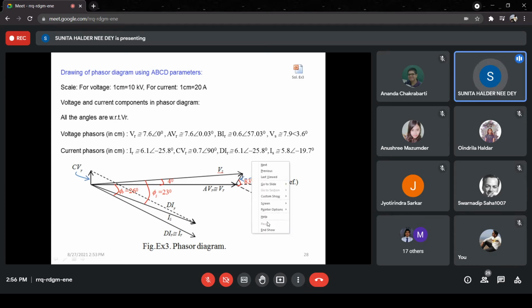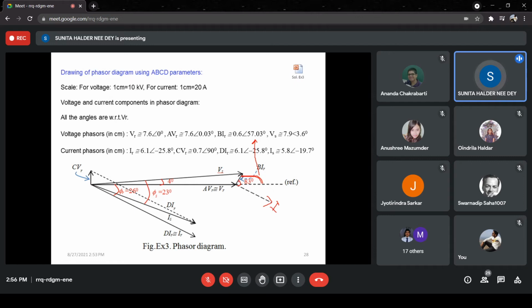So this angle is 57.03. But from IR, this is the phase of IR, this angle will be 83 degree, because VS is AVR plus BIR and the angle of B is 83 degree. That's why I have not written 57.03 here. I have written 83, because 57.03 you can understand when you revise this note.